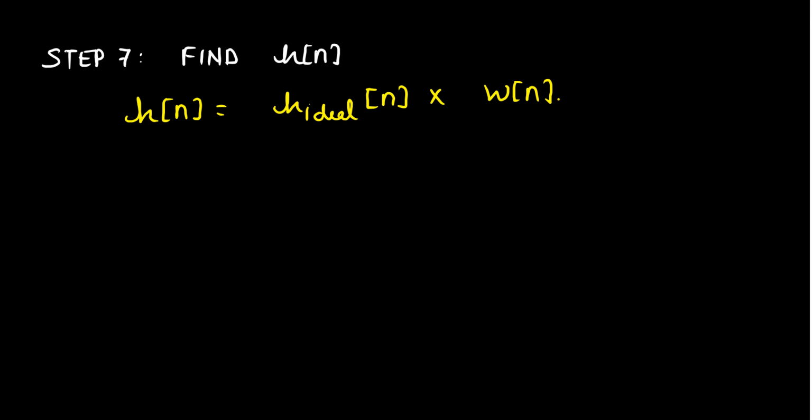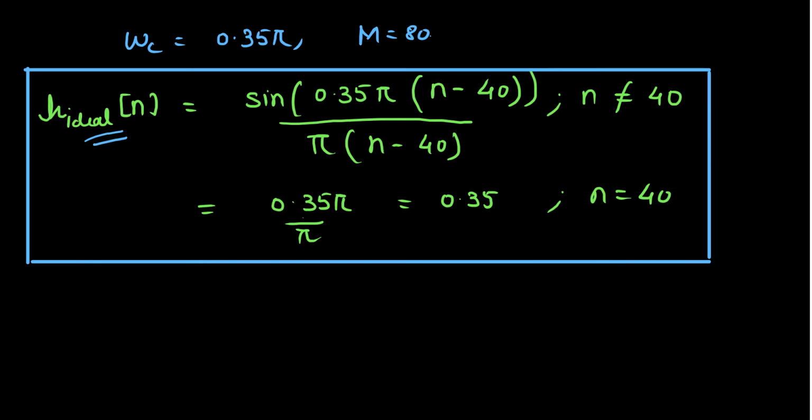Now this h ideal of n we had found as sine of 0.35 pi into n minus 40 divided by pi into n minus 40 for n not equal to 40, and it was equal to 0.35 for n equal to 40.